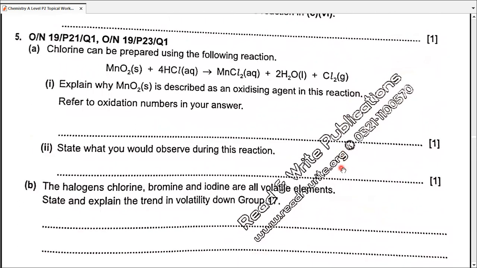Yeah, let's start with 5A1. Not exactly the chapter we are doing, but it will lead, in the next questions, to what we are supposed to do related to chapter 17.